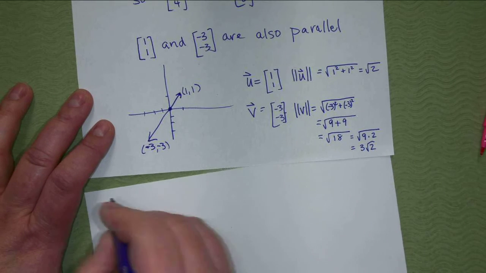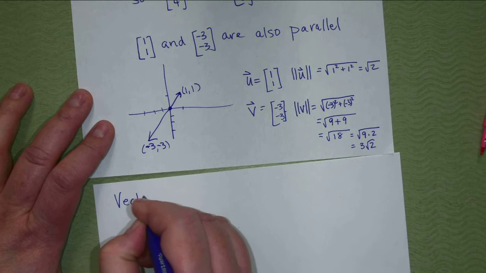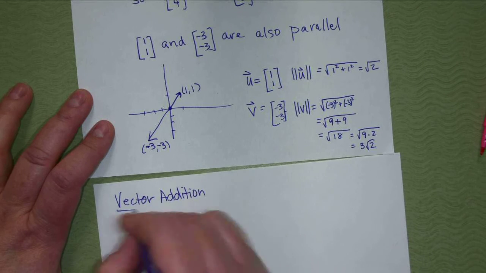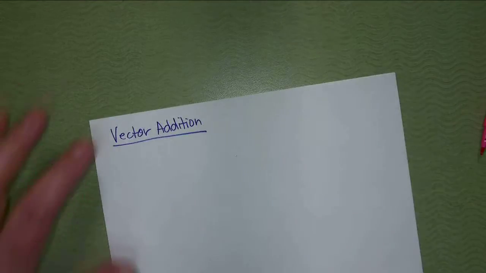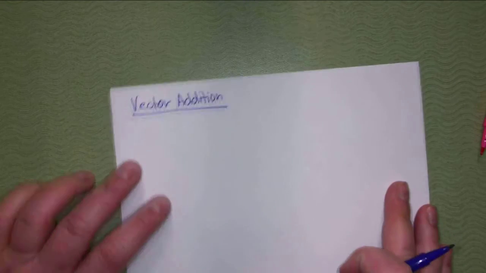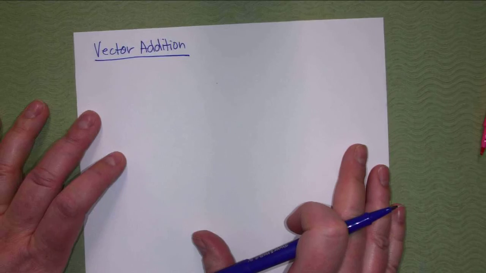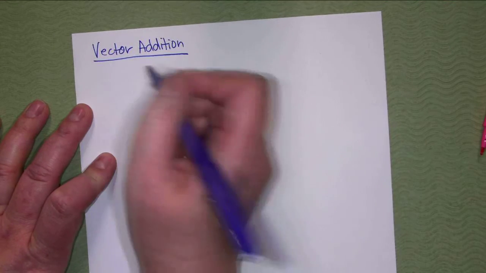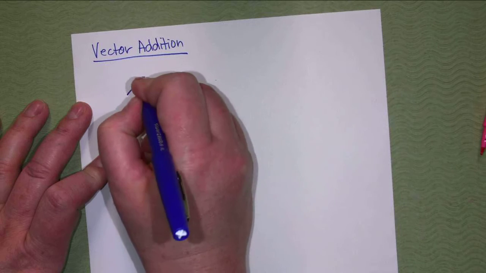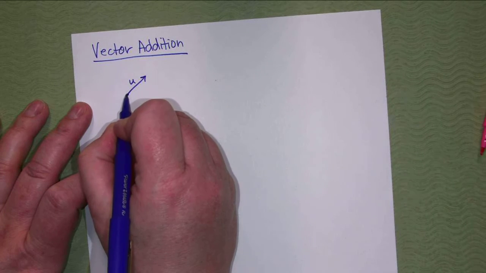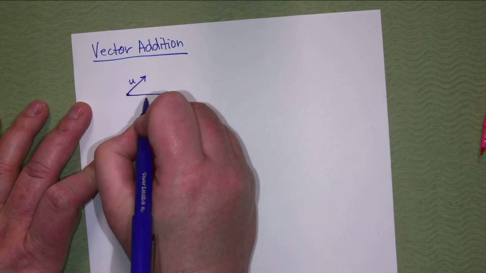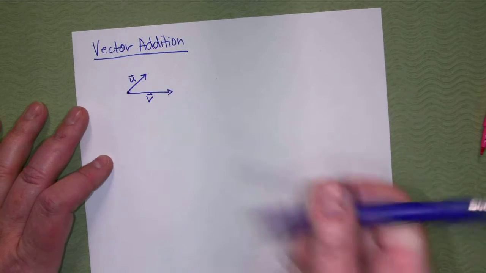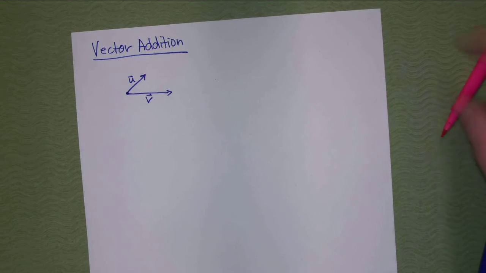Vector addition. So let's say we have a vector u and a vector v. I'm not even giving them numbers yet, okay?